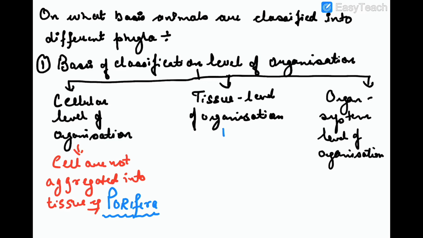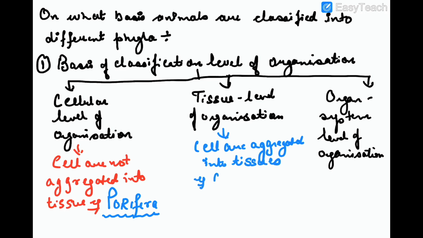Now, in tissue level of organization, cells are aggregated into tissues. Example of this is Cnidaria and Ctenophora.